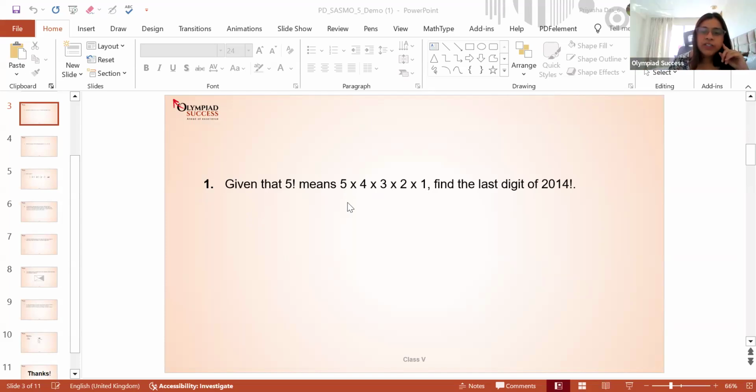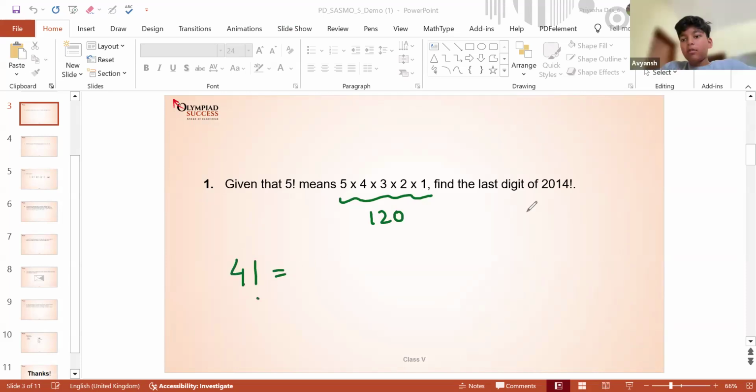If you multiply this, what would you get? 120. Right. Can you tell me the value of 4 factorial then? Careful.